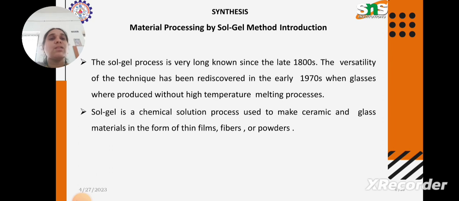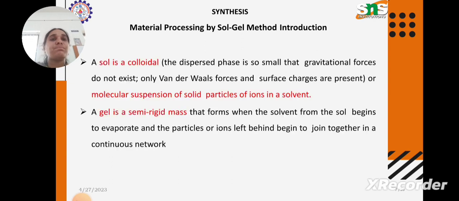Sol gel is a chemical solution method. It is also called the chemical solution method for synthesizing nanomaterials. It is also used to make ceramic and glass materials in the form of thin films, fibers, powders, etc. The sol is a colloidal and molecular suspension of solid particles or ions in a solvent.